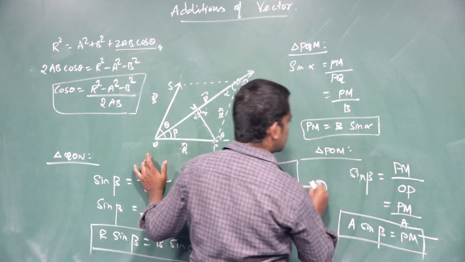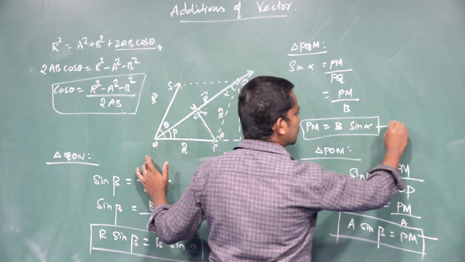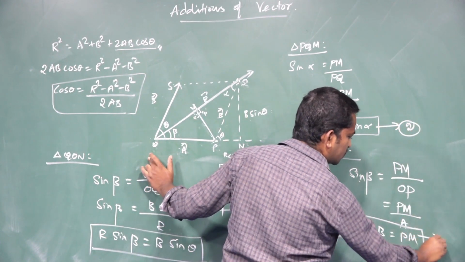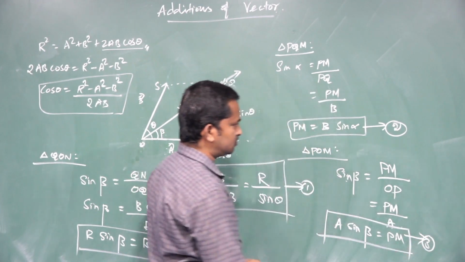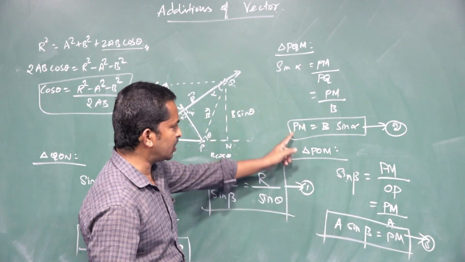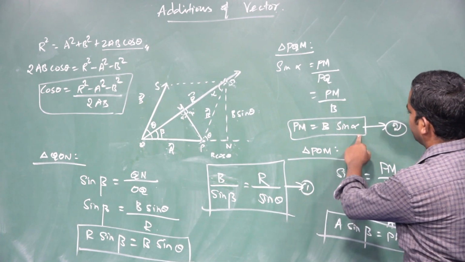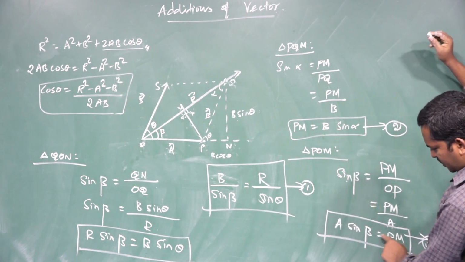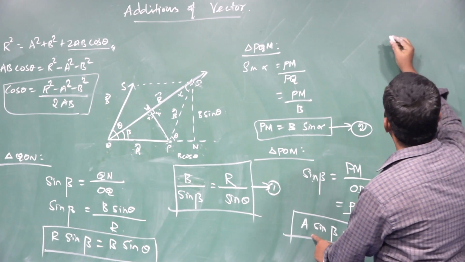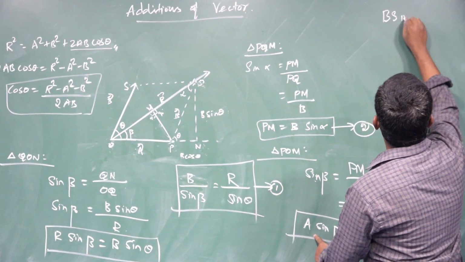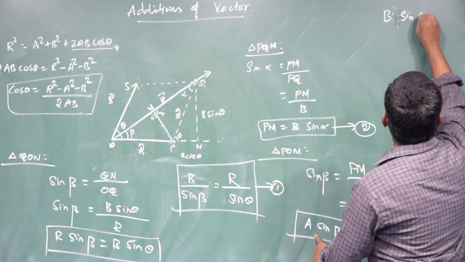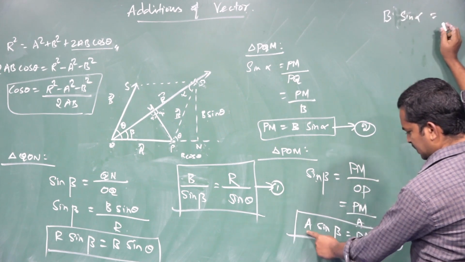Compare these. This is equation number 1, this is equation number 2, and this is equation number 3. Compare equations 2 and 3. PM is equal to B sin alpha, and PM is also equal to A sin beta. So B sin alpha is equal to A sin beta.